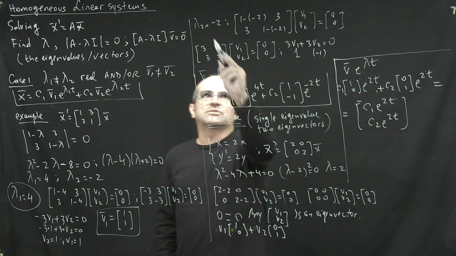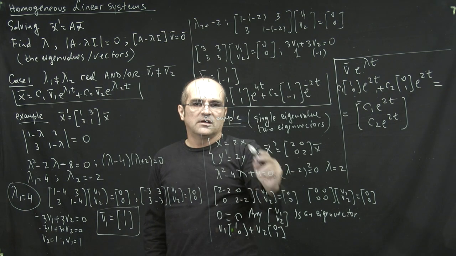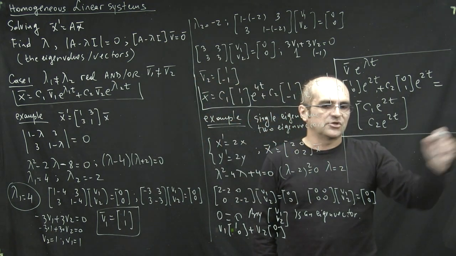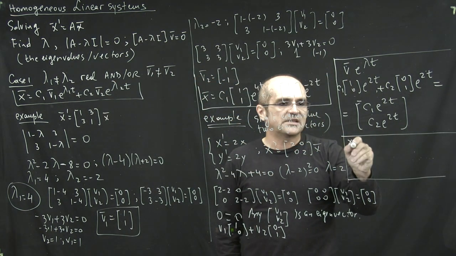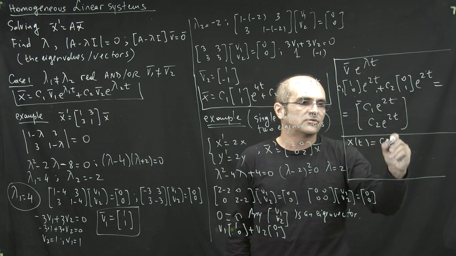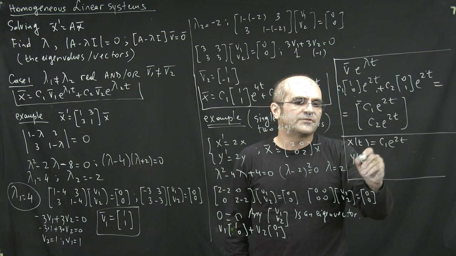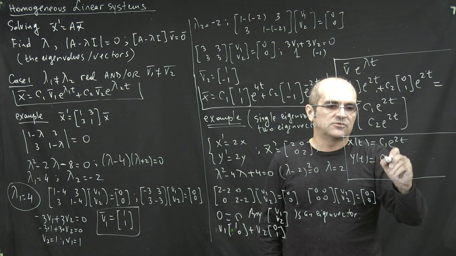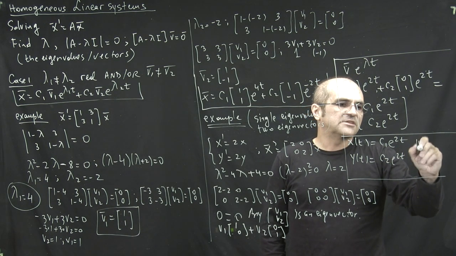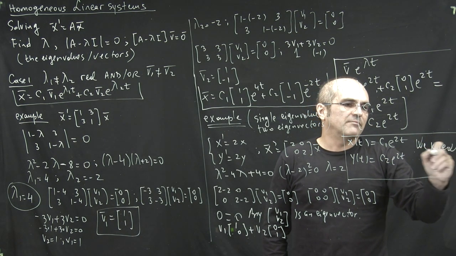So if you go back to the original variables, you get that x of t is a constant e to the 2t, y of t is a constant e to the 2t.